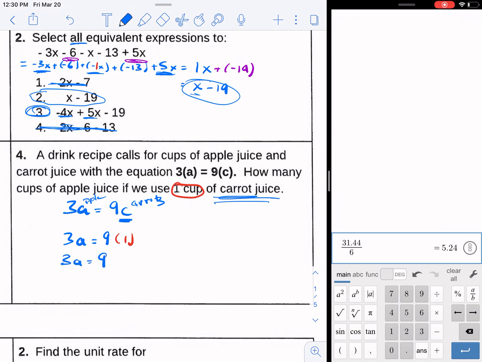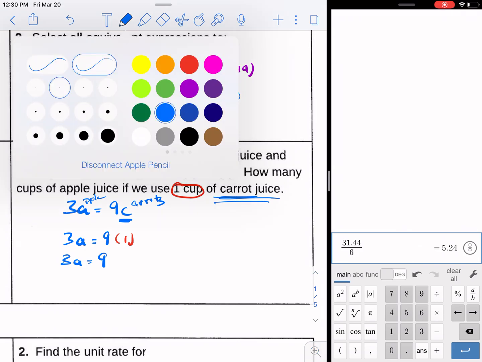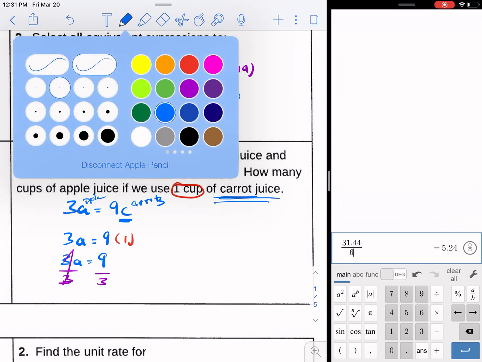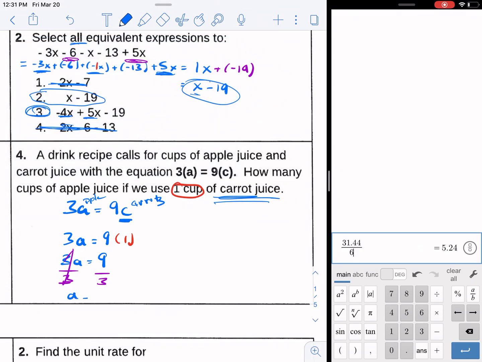Well, how do I get A by itself? We have to undo multiplication by dividing both sides by 3. 3 over 3, that's a 1. And you're left with A equals, well, 9 divided by 3, that's 3. And remember, A represents apple juice, so it's going to be 3 cups of apple juice.